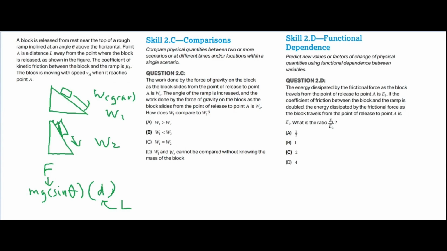Going from the first situation to the second one, this theta over here is increasing. So if theta increases for W2, the work would have to increase as well. So W2 is going to be greater than W1.